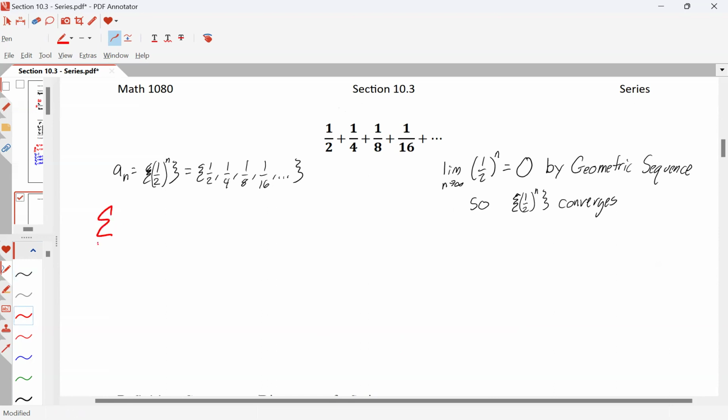Looking at the series, that is what we have written up here that we're looking at. That is the sum of these 1/2 to the n. This is equal to 1/2 plus 1/4 plus 1/8 plus 1/16, and so on.